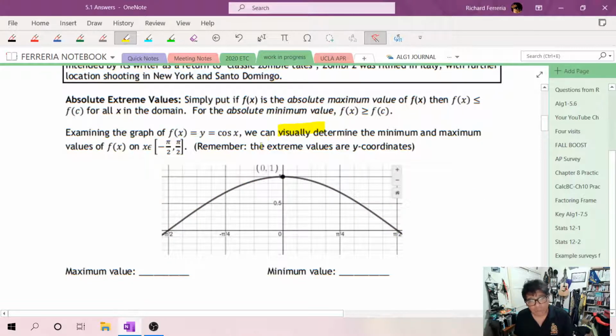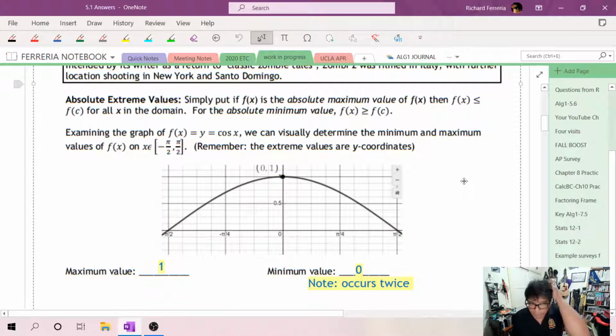Remember that the extreme values are actually y-coordinates. If this is our function, it shouldn't be too difficult to see that this right here is a maximum value, and there are two minimum values, one right here and one right here. Remember that the domain we're talking about is from negative pi over 2 to positive pi over 2.